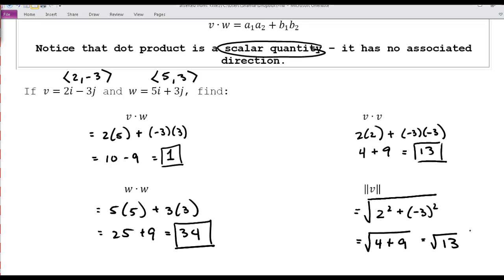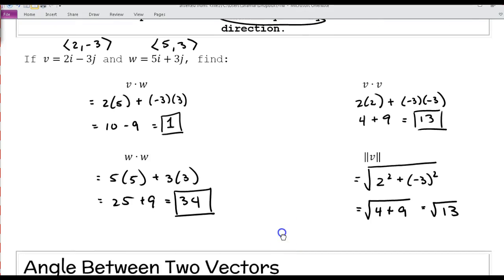Okay, so we can see that when we do v dot v, we got 13. When we find the magnitude of v, we get the square root of 13. So really, I could find the magnitude of a vector by doing its dot product with itself and then taking the square root. So something to keep in mind. As always, if you have questions about these, make sure that you ask.